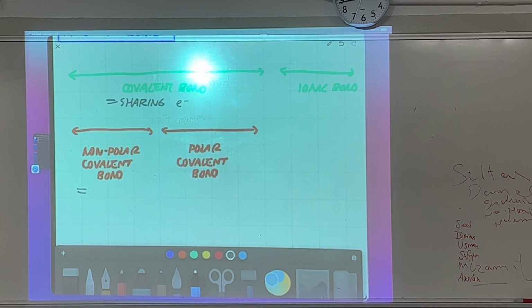So write down polar and non-polar means. When you see non-polar means even sharing. So even sharing. Polar means uneven sharing. And which atom will get more electron? Do you remember from yesterday what does electronegativity mean? You can see at the top part of the page, I wrote down the term electronegativity.